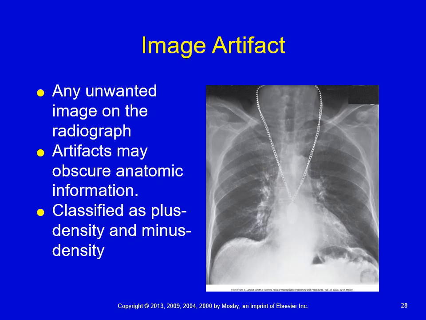But the only potential way to maybe get what I would consider similar to a double exposure is when you haven't cleared a body part from the anatomy that you're imaging, meaning you're doing a hip or pelvis and the patient's hands are kind of behind his leg. That would be an example of what we would consider somewhat a double exposure, not a true double exposure, but you have two images sitting on top of each other based on the fact that you didn't clear the arms and hands from the body part that you were interested in.